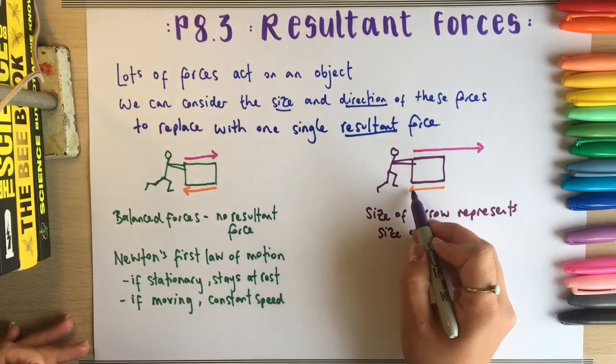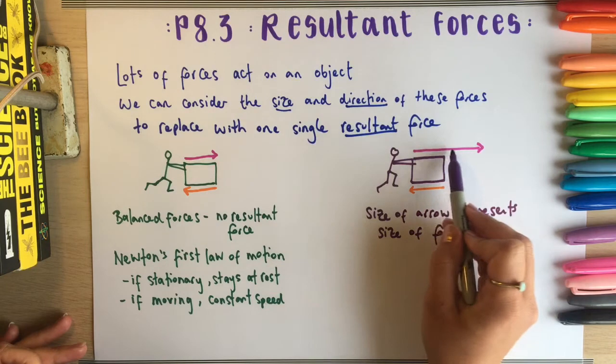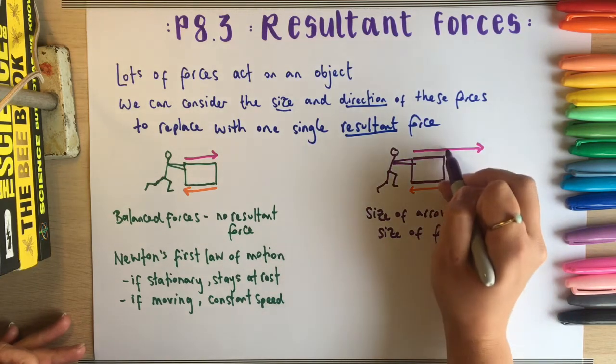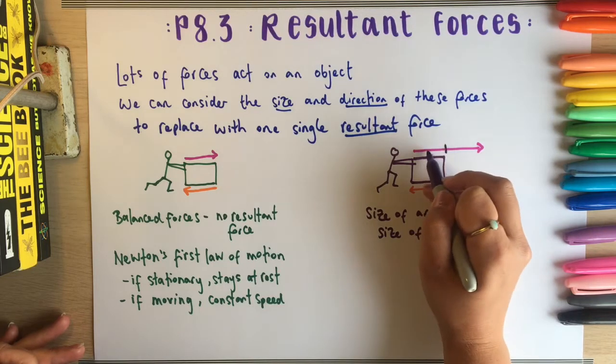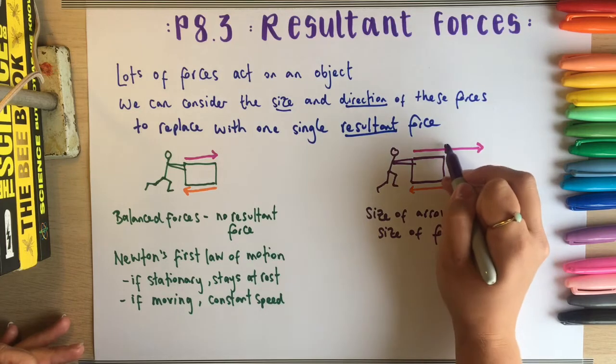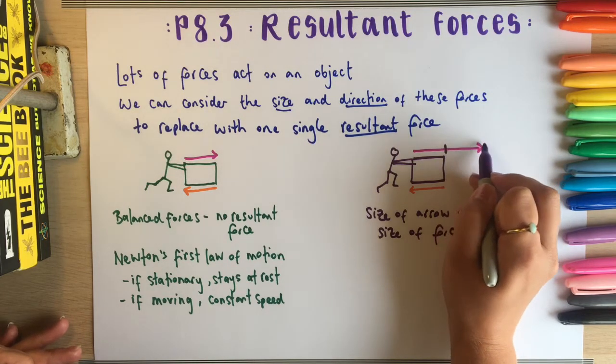So if we look at this orange arrow, if we moved it, if we looked at what proportion of the pink arrow it takes up, so going up, that means that that part of the force would be cancelled out by the orange bit. Okay, so the resultant force would be this bit that's left over.